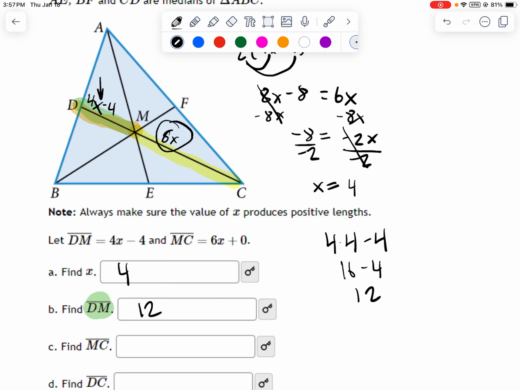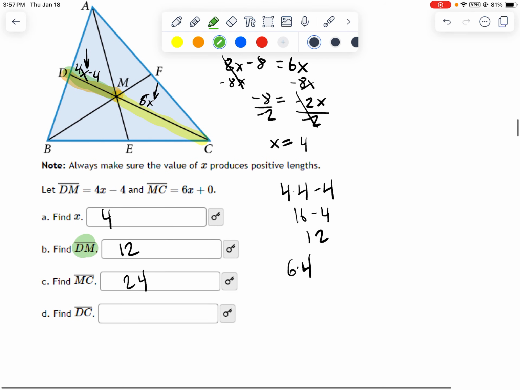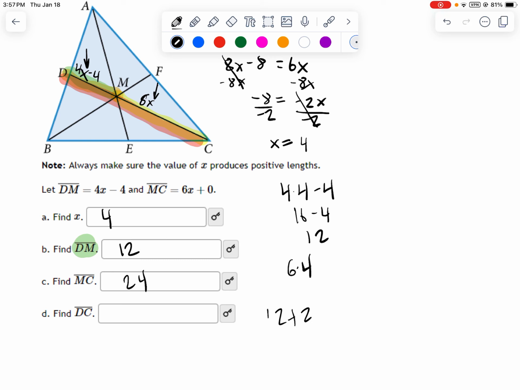MC we also know is 6x, so plug in 4. So 6 times 4 is 24. And the entire length of this segment from D to C has to be DM and MC combined, so it will just be 12 plus 24, in other words, 36.